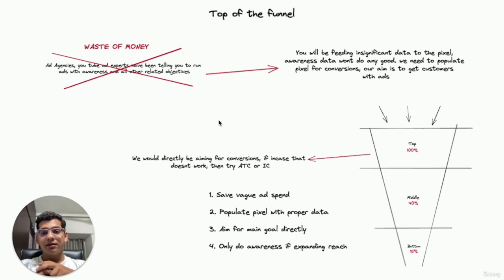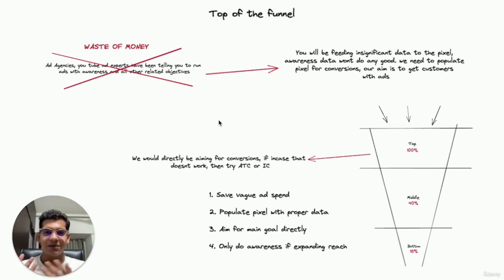But why do I say this is going to waste your money? Imagine this: as I told you, everything is being tracked by the pixel. So all this data, whatever you tell Facebook, if you are asking Facebook to get you awareness-type people who are interested in just engaging with your content, liking, sharing and commenting on it, those people are technically a waste to me.